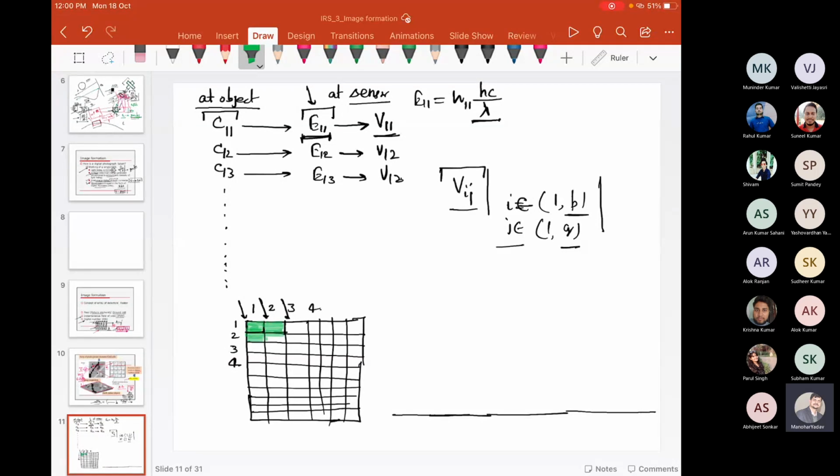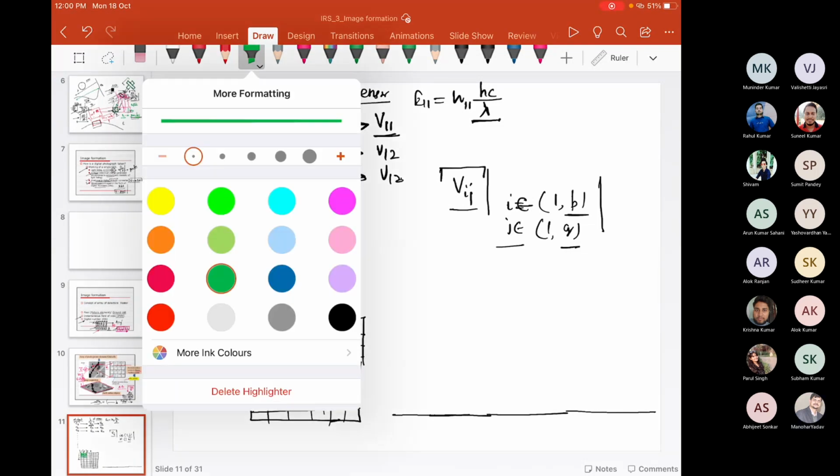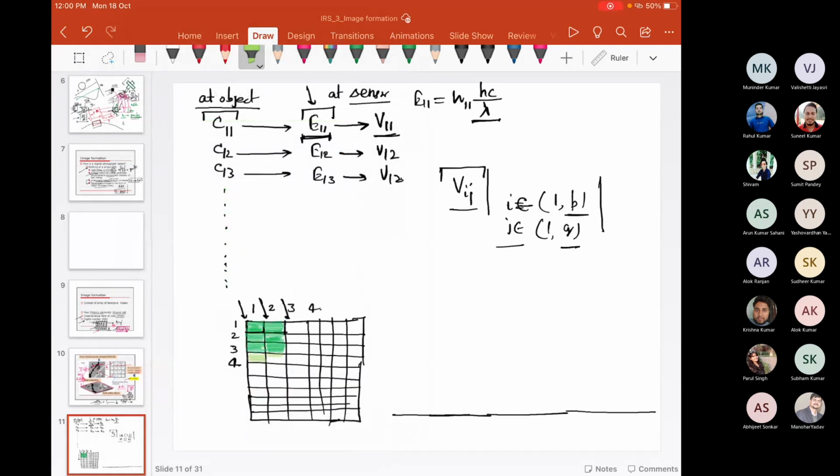The color which I am using to paint these cells represents the same type of features, the same type of objects present. Similarly, we can paint the other cells with a different color to represent certain other objects.